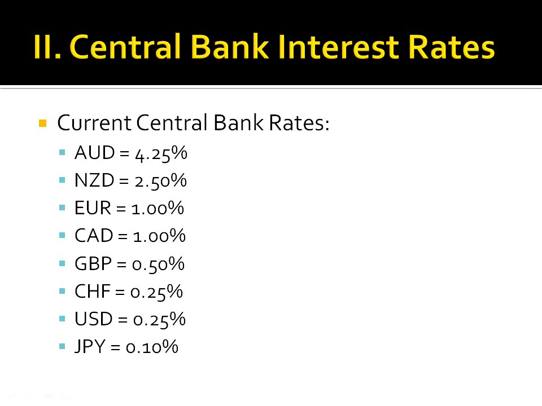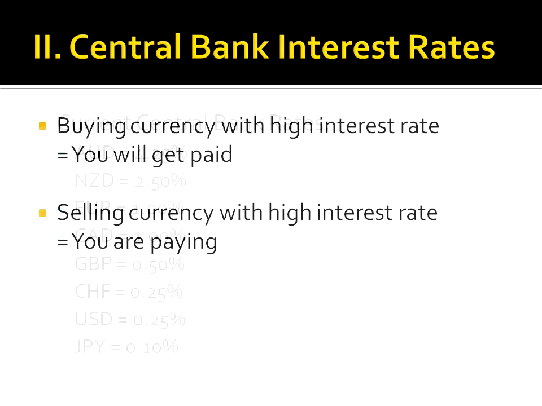So over the course of a year, the banks that the central bank lends money to have to pay 0.25% in annual fees, annual interest rates. And because as currency traders, we are buying and selling these different countries' currency, we pay or get paid according to the swap, according to the interest rates.